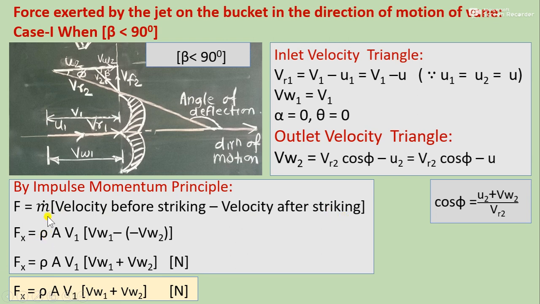So Fx is equal to mass flow rate, rho a V1, bracket. Now here velocity component at the inlet is Vw1 and at the outlet is Vw2. Its sign is minus because its direction is opposite to the direction of motion. So here this minus sign becomes plus.